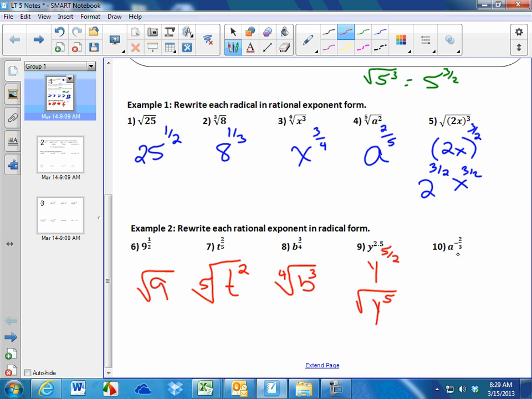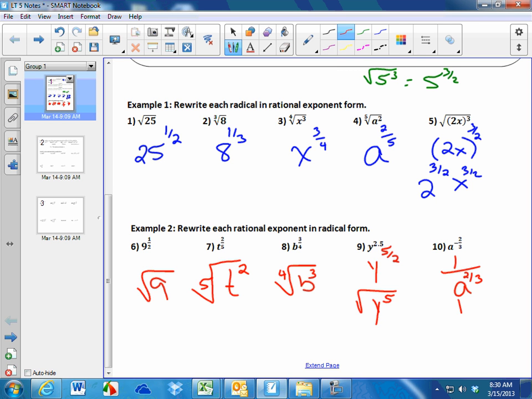And then the last one, it's a negative exponent, which the very first thing that takes your a to the negative 2/3 and moves it to the denominator. Rules of exponents. A negative exponent moves it to the denominator. And now in radical form, that would be a cube root. The denominator of your rational exponent is 3.